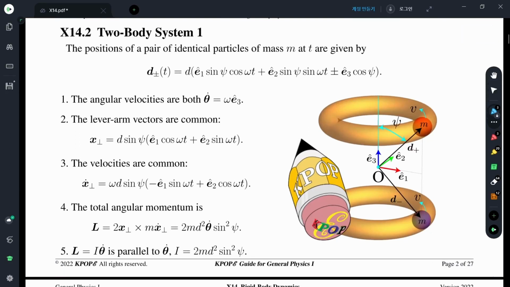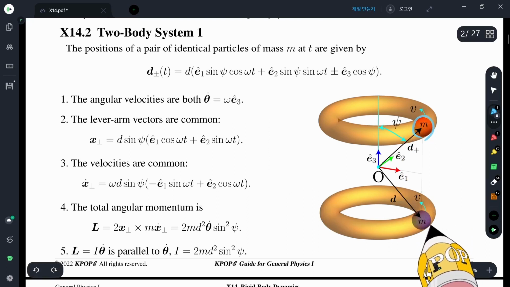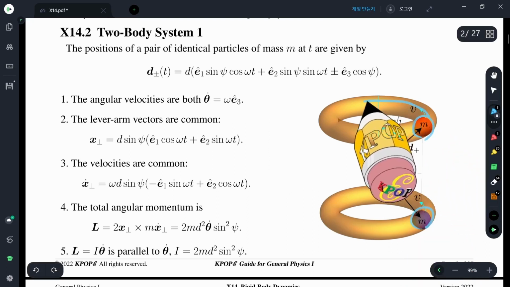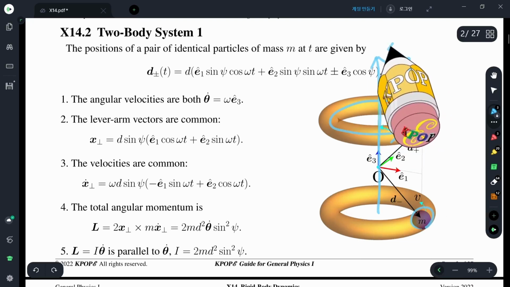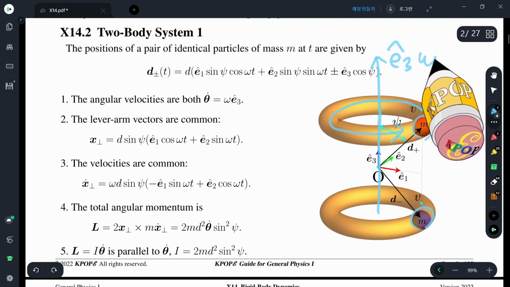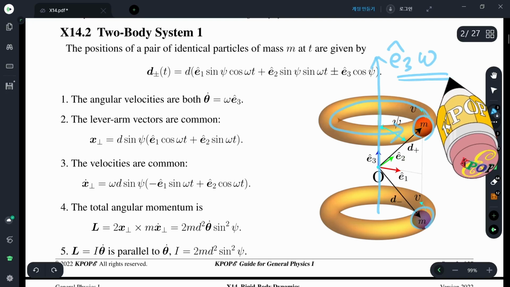Let us consider a simple example consisting of two particles rotating about the z-axis with the same angular velocity omega.